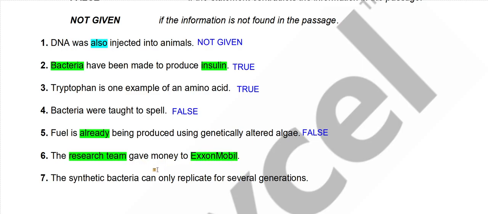The answer will be true when this team gave money to ExxonMobil. It will be false when this team didn't give money to them, maybe someone else gave money, or maybe it's vice versa, like ExxonMobil gave money to the research team. The answer will be not given when we don't know anything about who funded whom, when we don't have any information on the money.